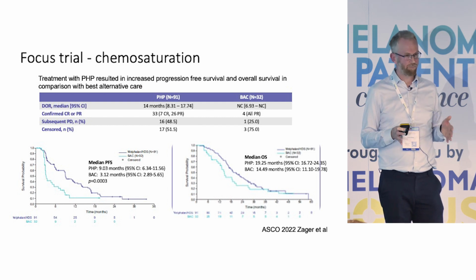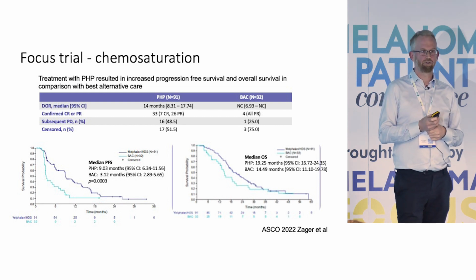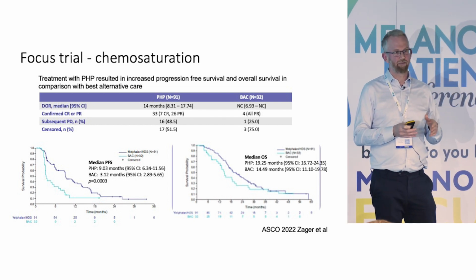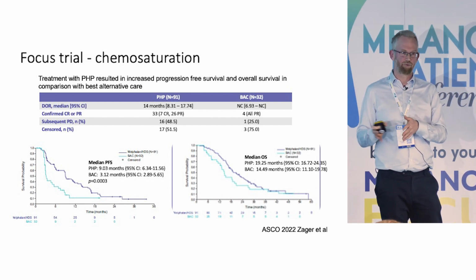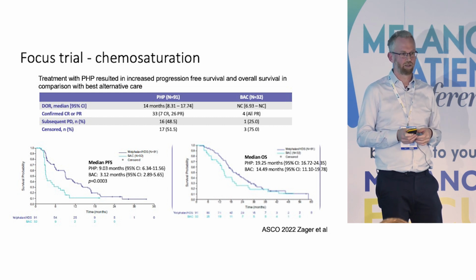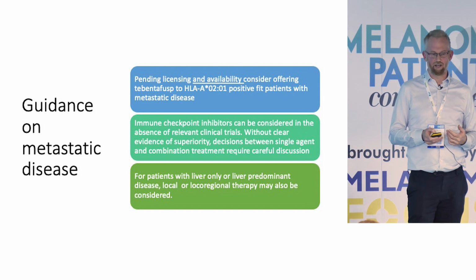Importantly, the time to progression-free survival was much longer with PHP, 9 months versus 3 months. And there was also a hint of an improvement in survival, although I think mostly because of the numbers, this hasn't been statistically significant. So good things and bad on this slide.